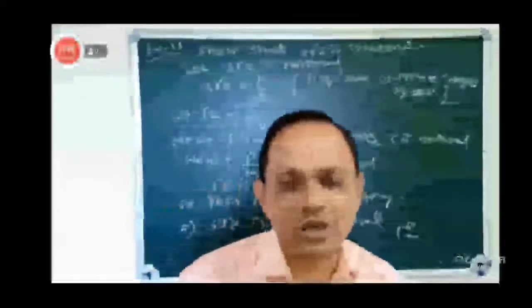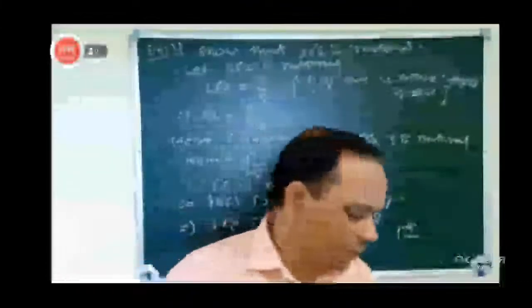But we have proved that root 2 is an irrational number. So this is contradictory. Hence 3 root 2 is irrational. In this way, you can prove whether numbers are irrational or rational.